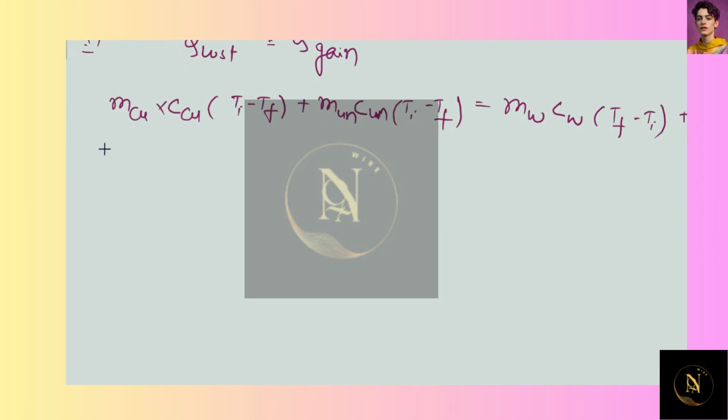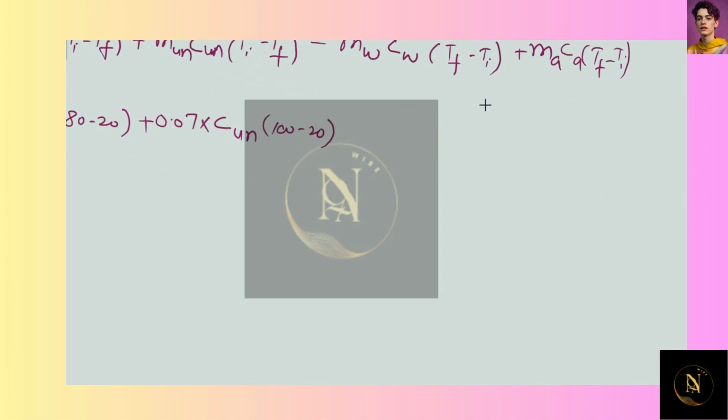So this is 0.05 times 387 times (80 minus 20), plus 0.07 times the specific heat of the unknown, which we have to find, times (100 minus 20).